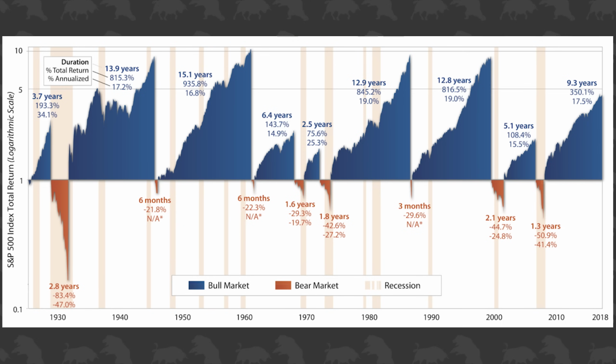Now, the most concerning part of this graph for me is just looking at the pattern of it. If we look at the pattern of the beginning and the average length of a bull market, you just look at it at a glance, and does that not look like we're somewhat in the arena of getting close to being due for one? Look at this. We have a little 2-inch space here, and then we have a recession, and a 2-inch space here.